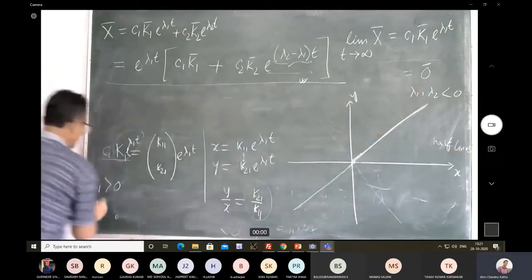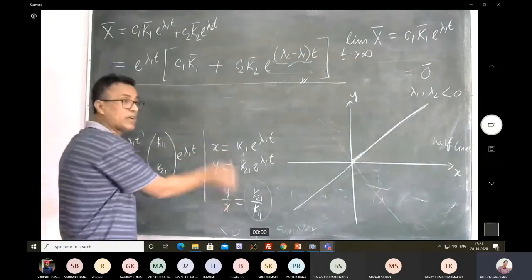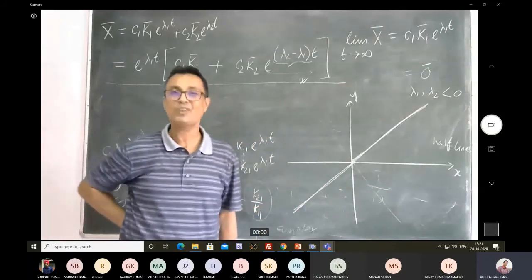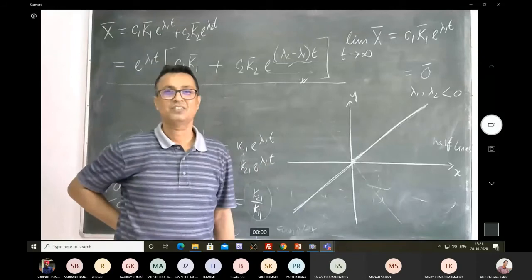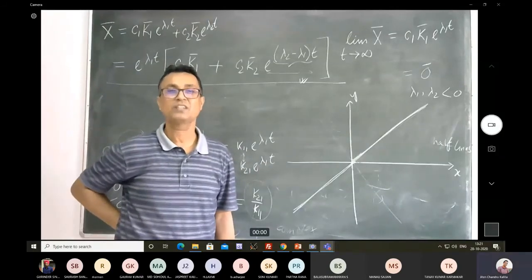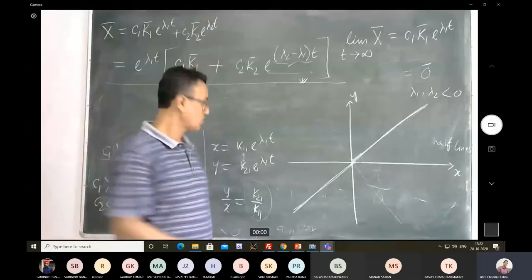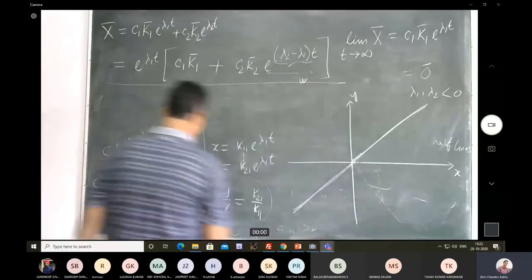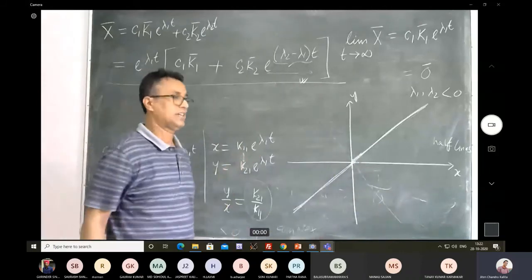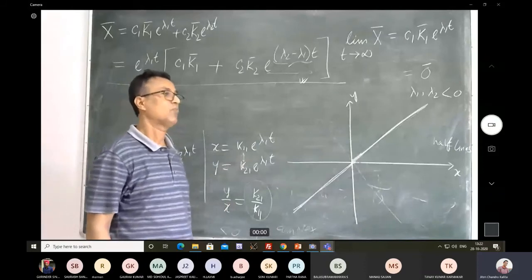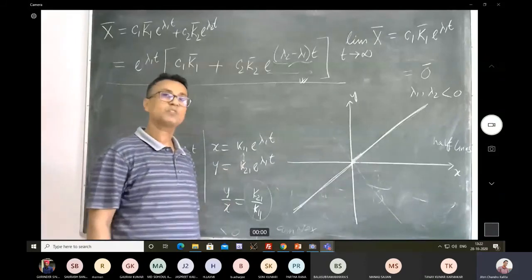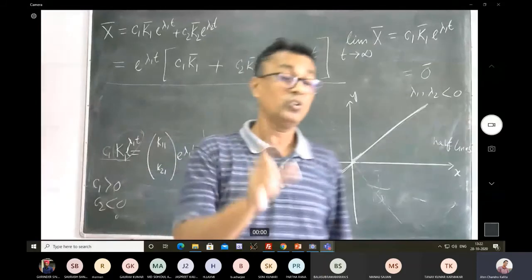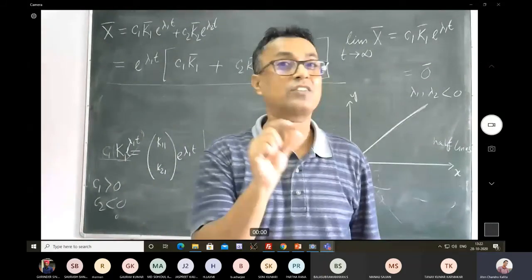Similarly, if C1 is less than 0 in this particular case, where I am assuming that the slope is positive, then it is going to lie in the opposite quadrant. Is it okay with everybody? If the slope is negative, then your line is going to be like this. Depending upon the values of x and y, whether x is positive, y is negative, or x is negative, y is positive, the vectors are going to lie in either quadrant.